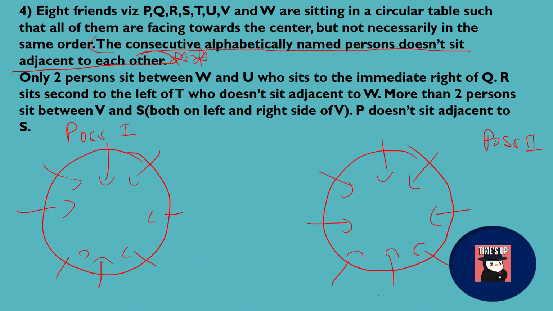Consecutive alphabetically named persons don't sit adjacent to each other. What do you think? What do you mean by that? If you have A, B, C, D, E, F, G, H, so this is a consecutive alphabetical arrangement. The same thing should not appear in this circular arrangement.